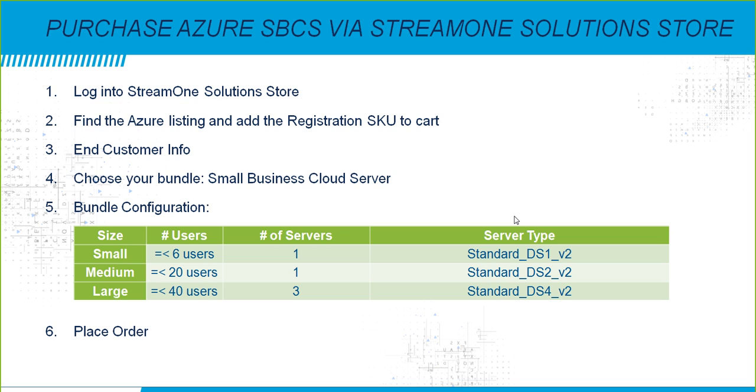So it is highly flexible. You can obviously add more servers if you have more users. That's the beauty about the public cloud, that you can add resources, you can decrease resources depending upon the environment that you have.